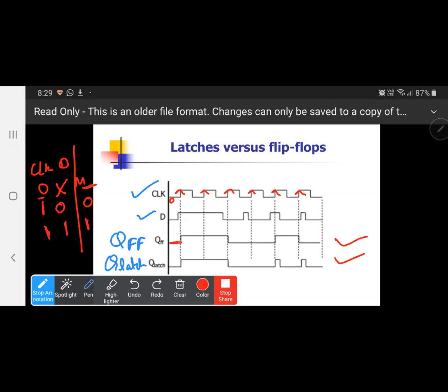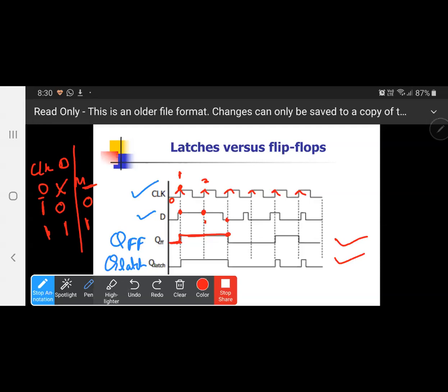So this is 0. Now check, because at this instant the result will change at instant 1. So check what is the value of D here. 1. So that's why it will be 1 till the next. Now here the value will change. What is the value of D here? 1. So it will be 1 till the next. Clear?